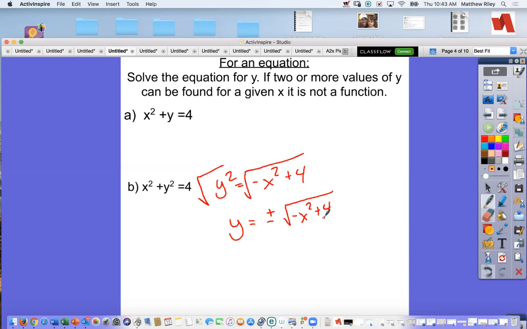So think about this. If I plug in any number here, now I have multiple solutions. Why? Because I have both the positive and the negative. So for the most part, that's all that is. So it will never be a function if you're solving by taking the square root.